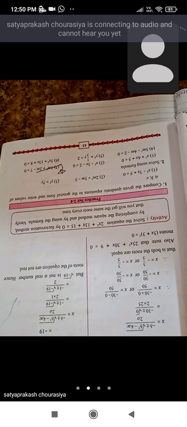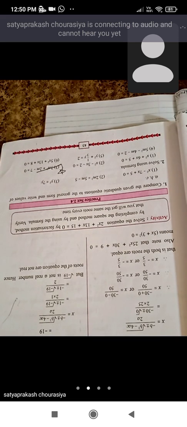Compare the given quadratic equation to general form and write the value of A, B, C. Because now here we have to solve using the formula. So while finding the solution using the formula, we have to know the value of A, B and C. हम लोगों को वैल्यू A, B और C की जानने की जरूरत है. Understood, student? Now let's revise the first question, means to find out the value of A, B and C.